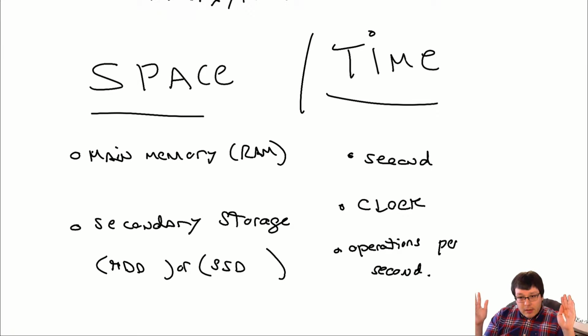Time, unless we figure out a way of having eternal life, is still very valuable and limited. Our life span has not increased that much over the past couple of centuries. And so we're still limited to like 100 years pretty much being the thing. That doesn't mean we want a program to run 100 years, right? We want a program to run, hopefully, immediately. So that is going to be the most valuable resource that we have.